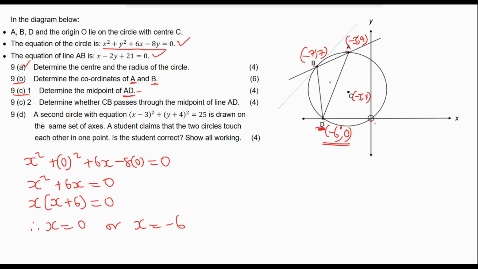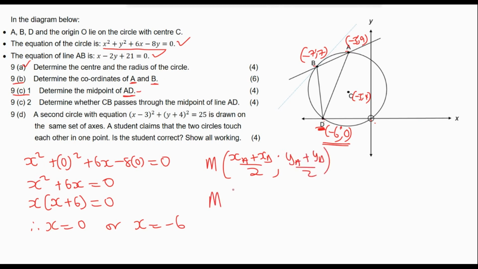So now we need to find the midpoint of AD. We know the midpoint formula. Okay, midpoint of AD is going to be XA plus XD over 2, and then YA plus YD over 2.